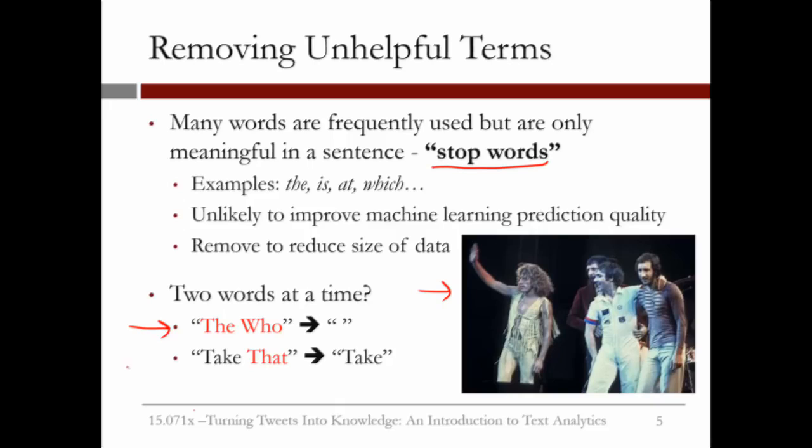Another example is the phrase "take that." If we remove the stop words, we'll remove the word that, so the phrase will just say take. It no longer has the same meaning as before. So while removing stop words sometimes is not helpful, it generally is a very helpful pre-processing step.